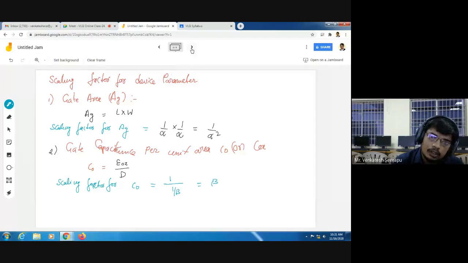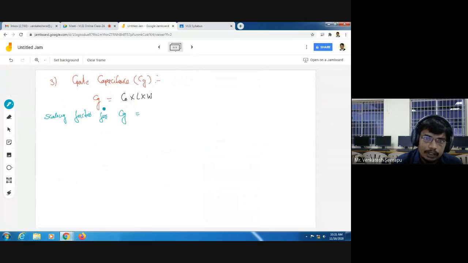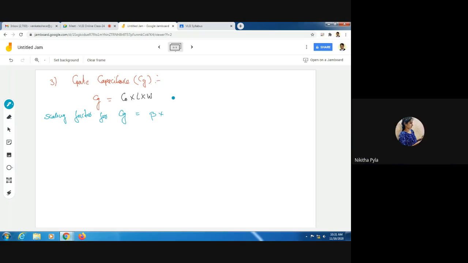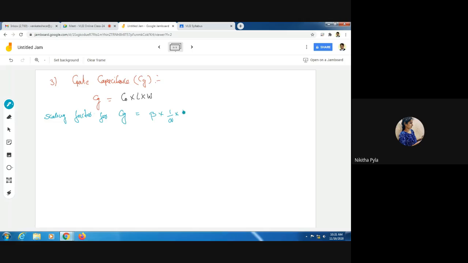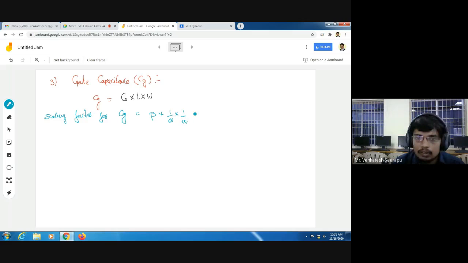The C naught has a scaling factor beta. What is the scaling factor for L? 1 by alpha, sir. What is the scaling factor for W? 1 by alpha. Now, what is the scaling factor now?